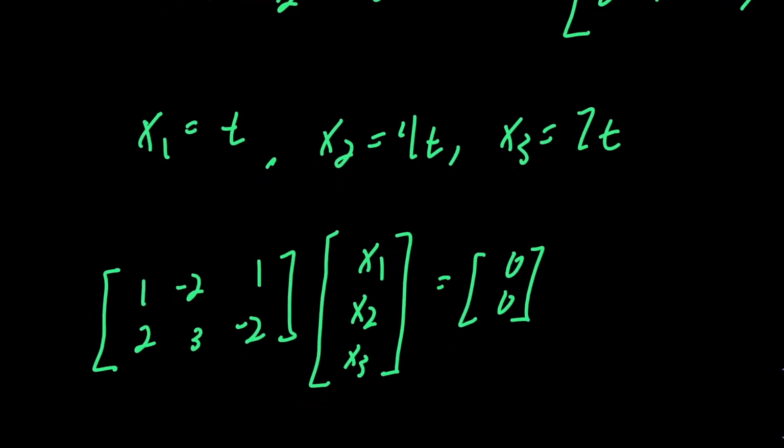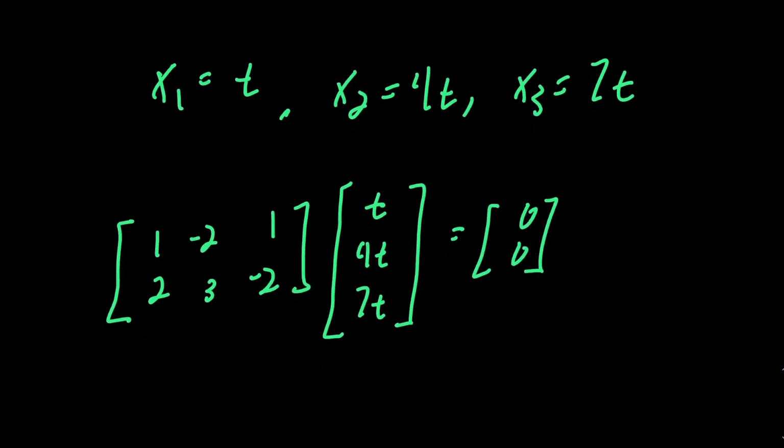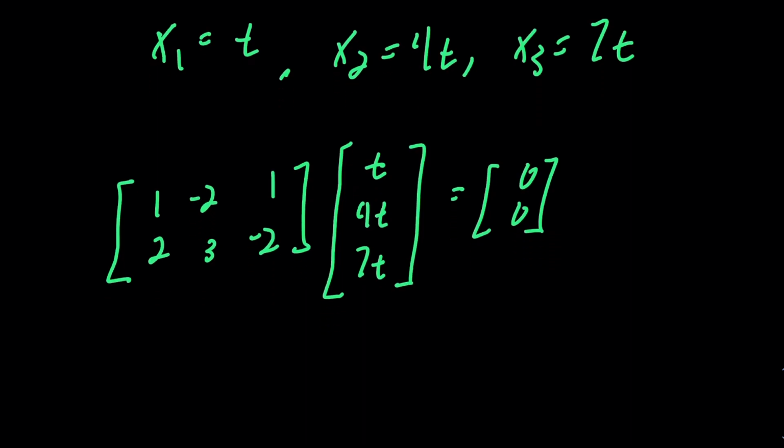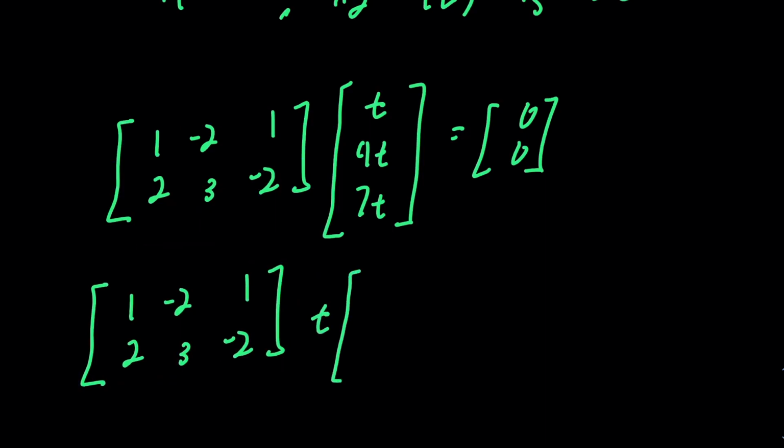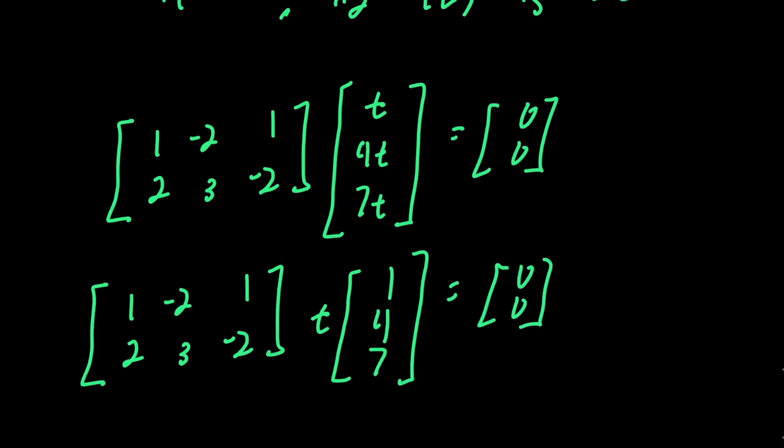Let's substitute our x variables in terms of t, and as a result, we end up getting t, 4t, and 7t. We can then go above and beyond and factor out the t from the column vector. So let me duplicate this, save some time, and we get t times the column vector 1, 4, 7. And that is our column vector right there.